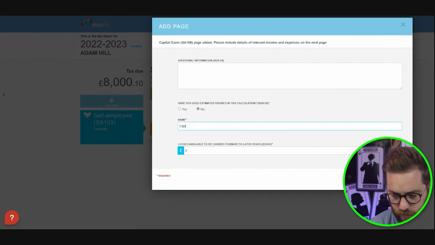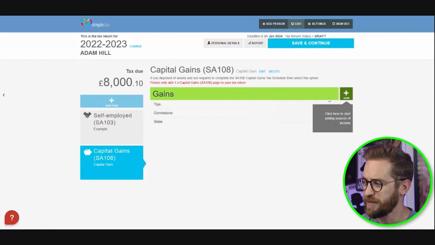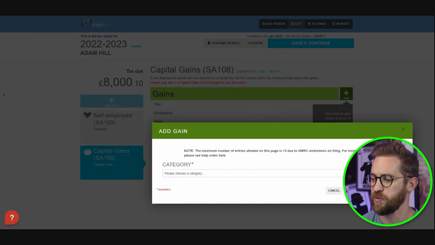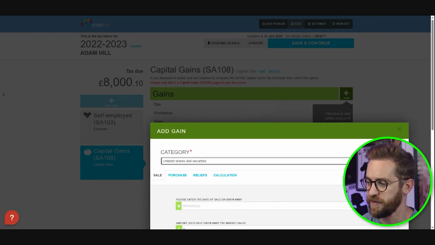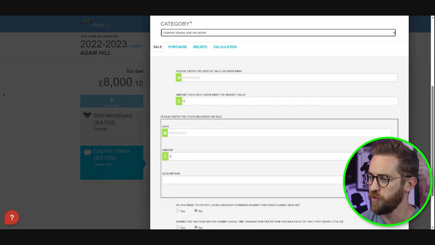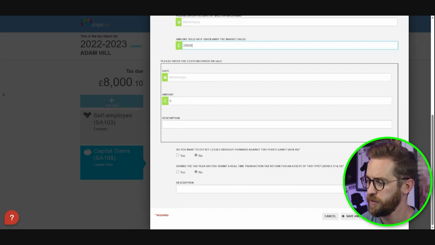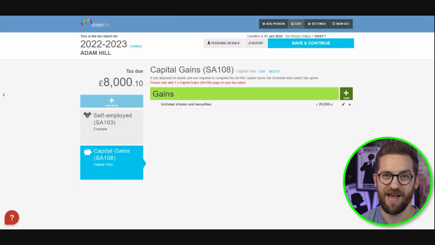I'll just put capital gain in the narrative. It doesn't particularly matter how much I put in, although I need to take into account the fact that you get a £12,500 or £12,300 allowance. So I'm going to put that I sold £20,000 worth of shares, which will leave me with a £20,000 gain for the tax year.